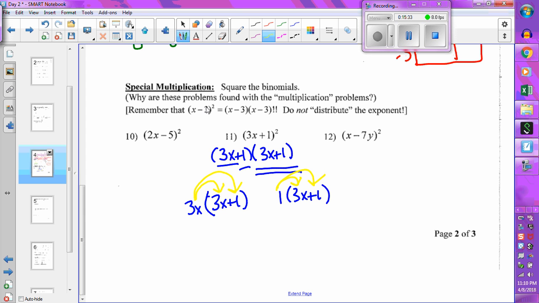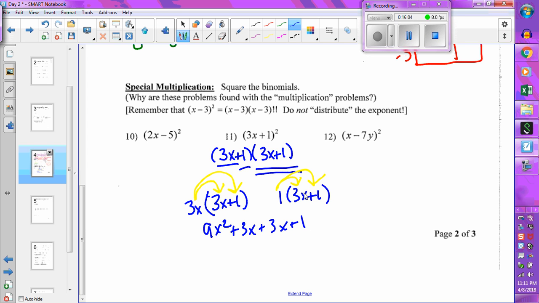Okay? When we distribute, a 3x times a 3x is going to give me what? A 9x squared. A 3x times 1 is going to give me a positive 3x. A 1 times 3x is going to give me a positive 3x. And then a 1 times 1 is going to give me just 1.